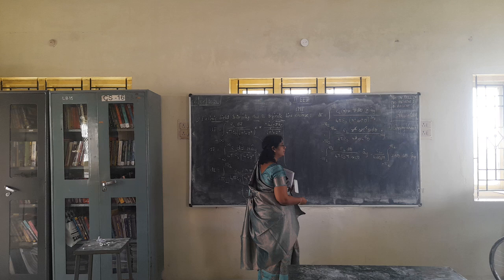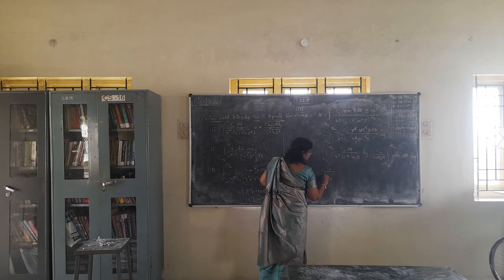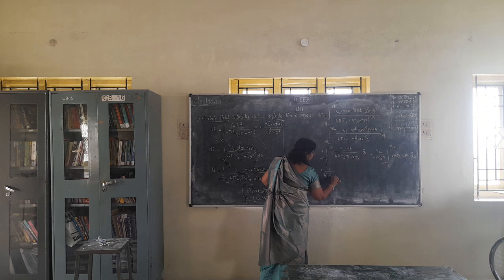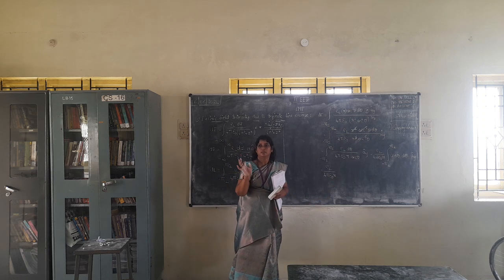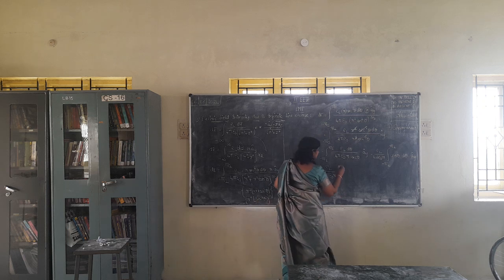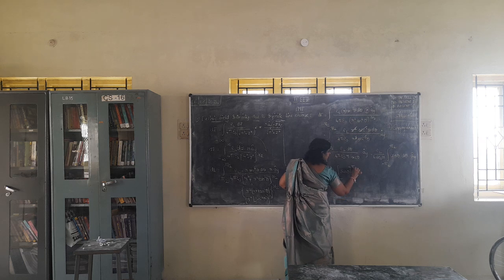So integrate cos integrate பண்ண என்ன வரும்? Sin theta, minus pi by 2 to plus pi by 2.